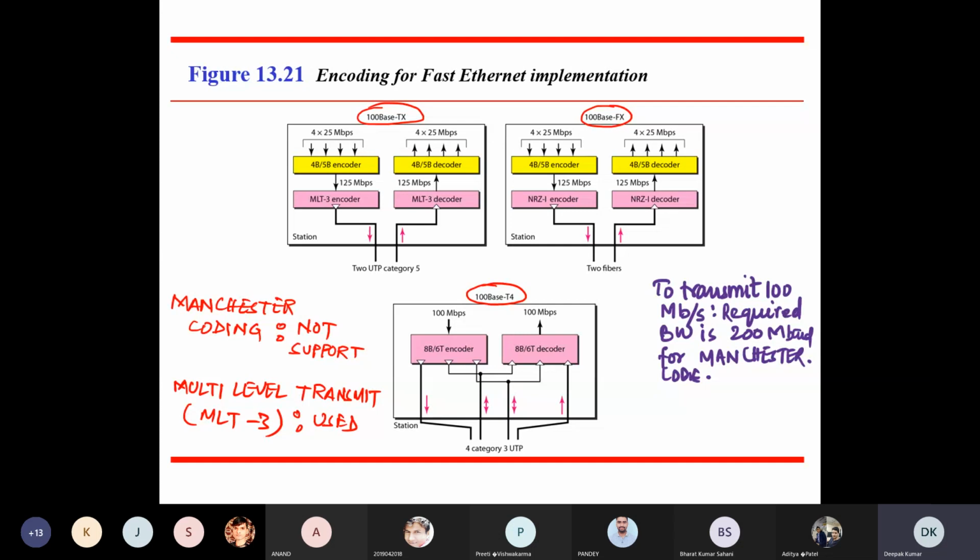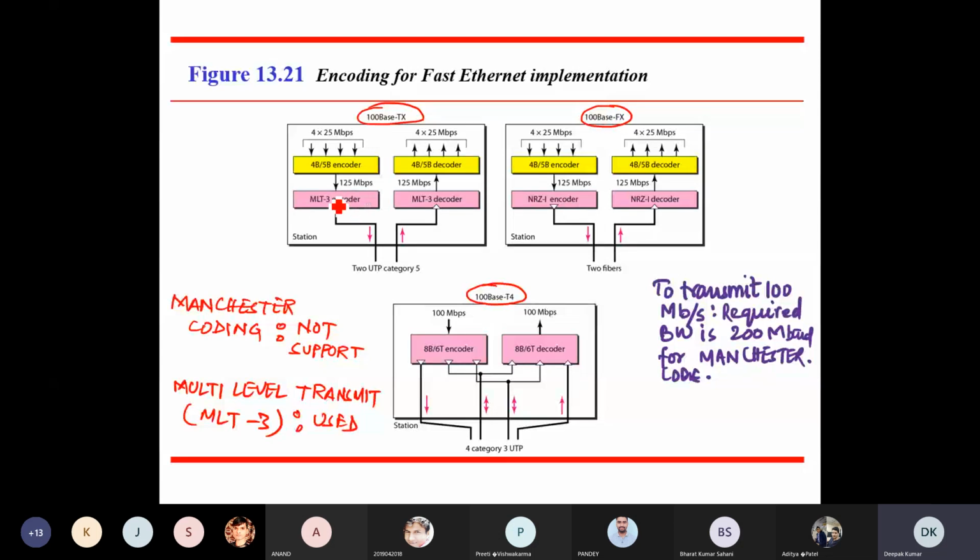A simpler coding does not support it because it supports smaller capacity, small bandwidth.